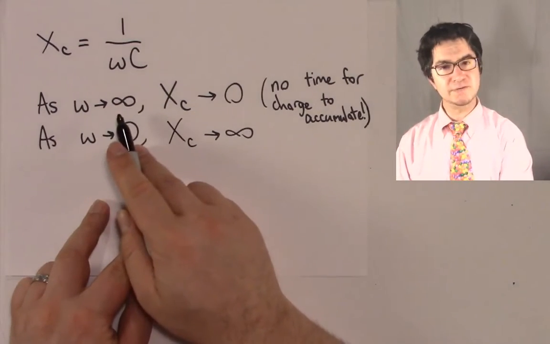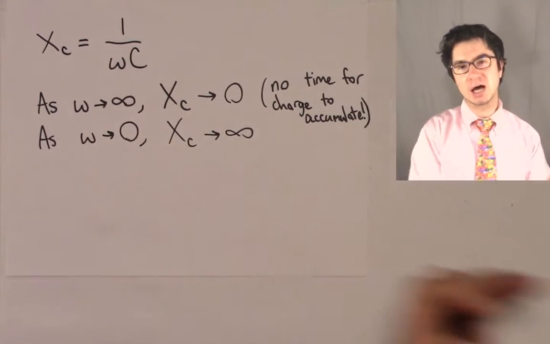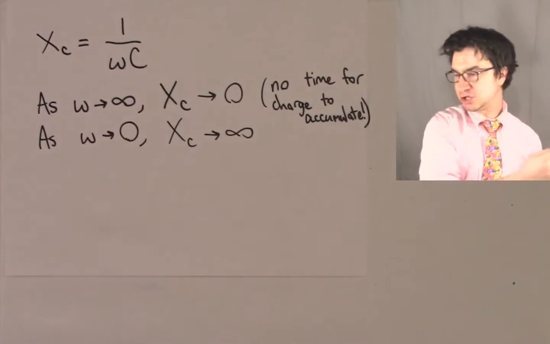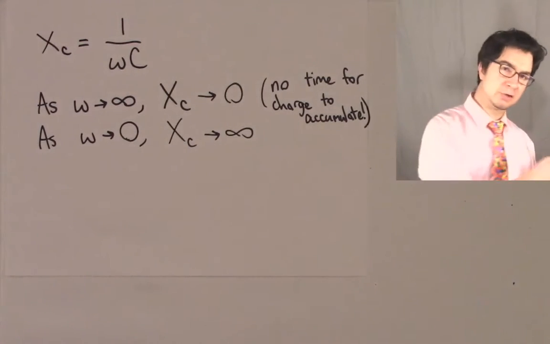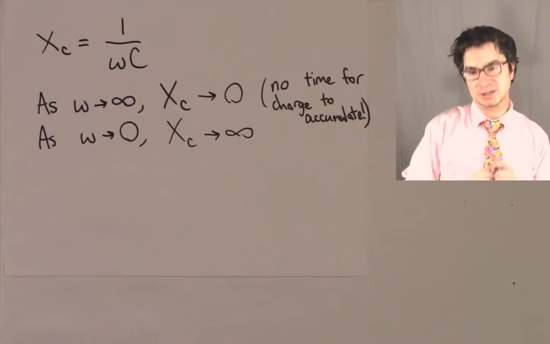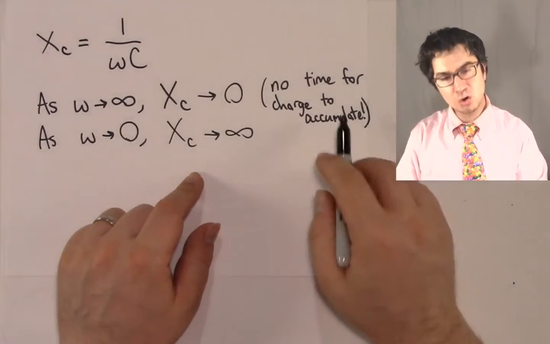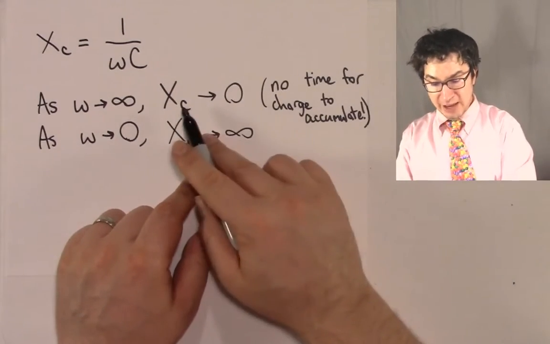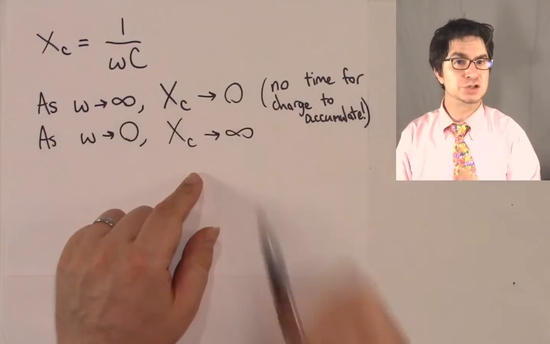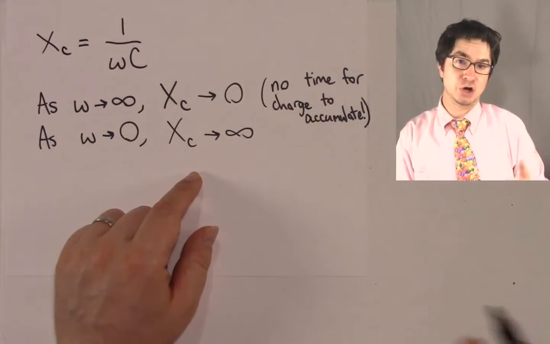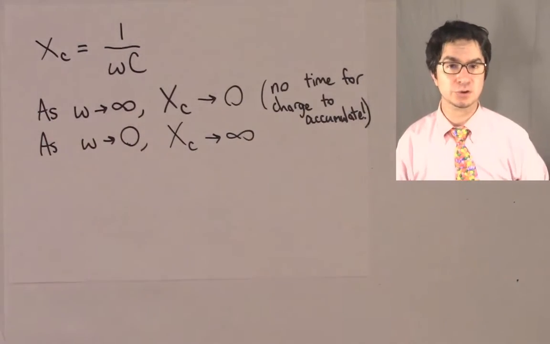The charge is going one way, then it's going back the other way. There's no time for the charge to collect on the plates. And with no time for the charge to collect, that reactance is going to be very, very small because the reactance is dependent on the charge. If there's no charge on the plates, then there's very little reactance.